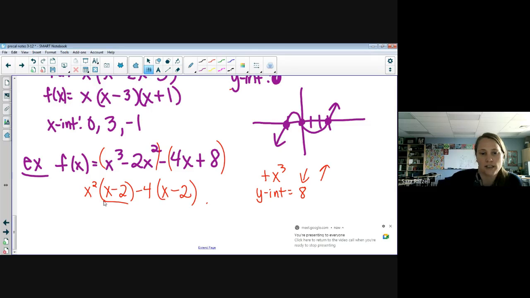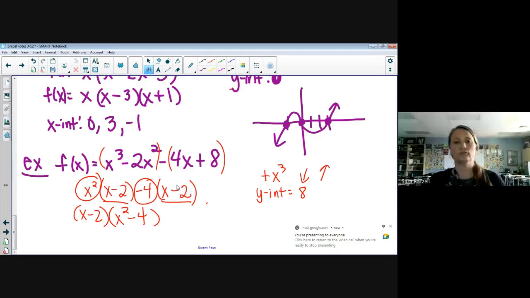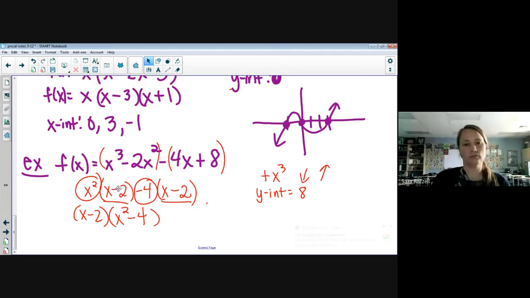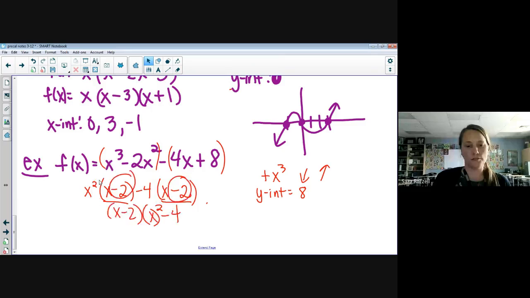Look, these 2 are the same. What a coincidence. Actually, no, that's the way the problem's set up. So those 2 are the same, so that's what gets brought to the front. That's a commonality. And then we write what was in the front of them in the second parenthesis.